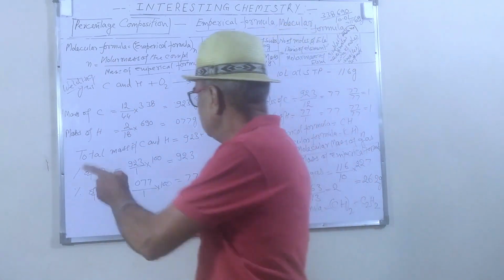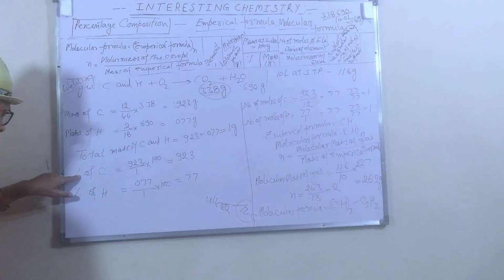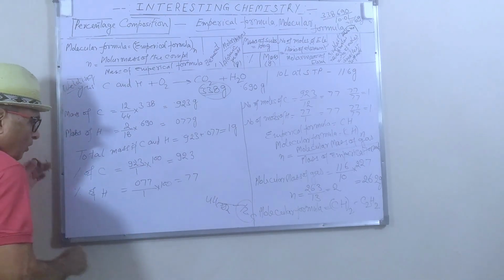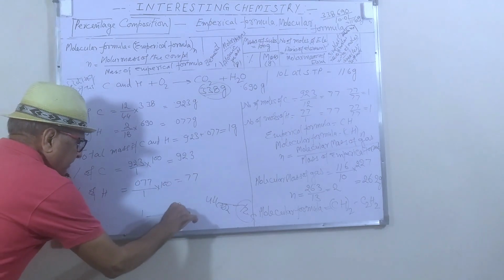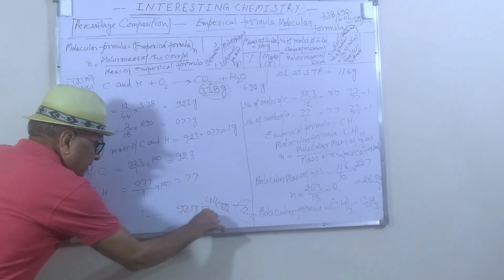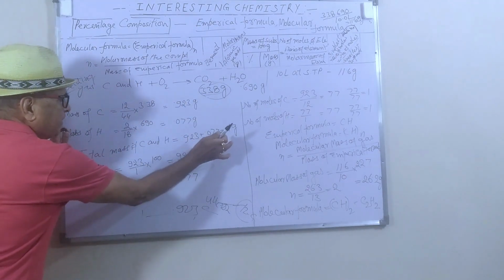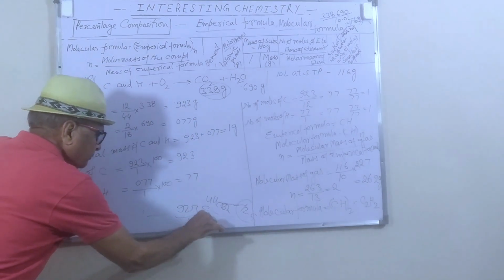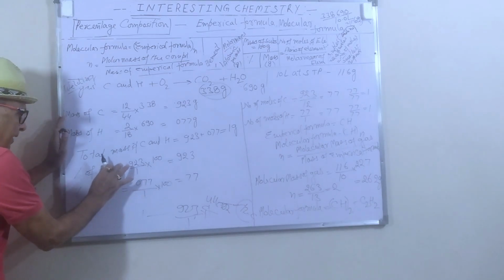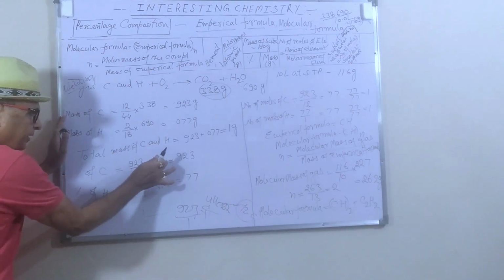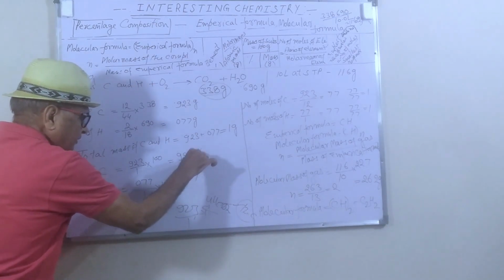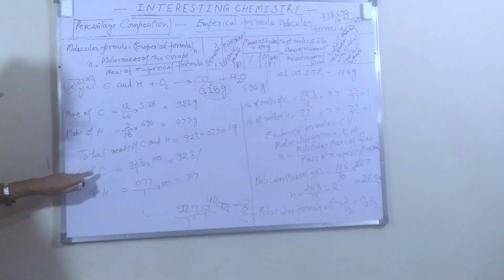So you can calculate easily the percentage of carbon: 0.923 upon 1 into 100, which is 92.3%. This is the percentage of carbon.